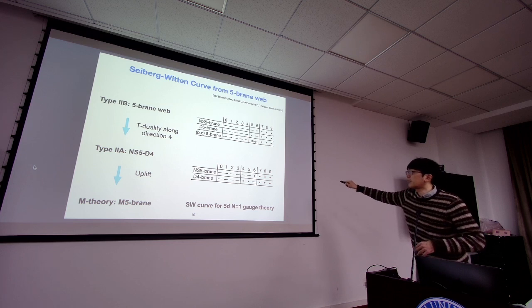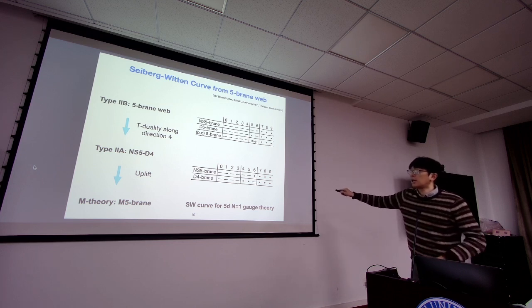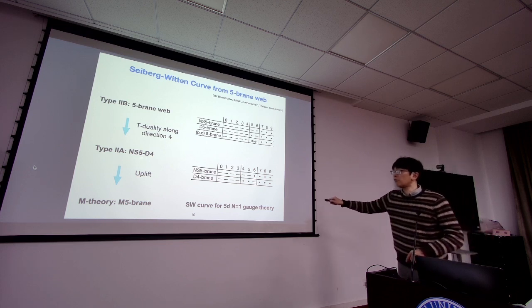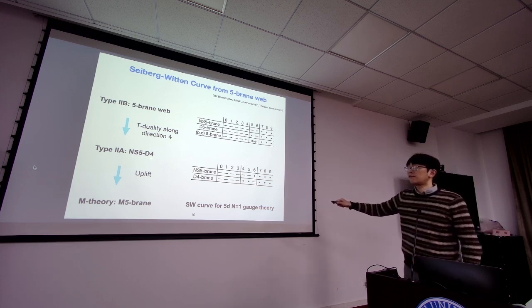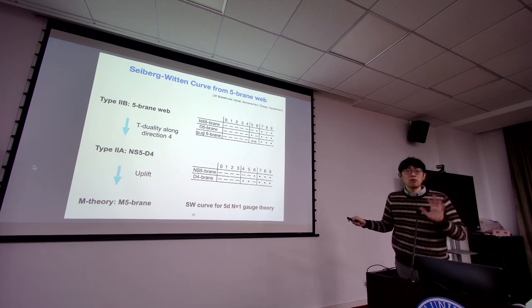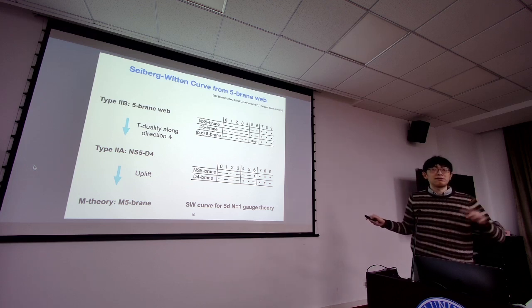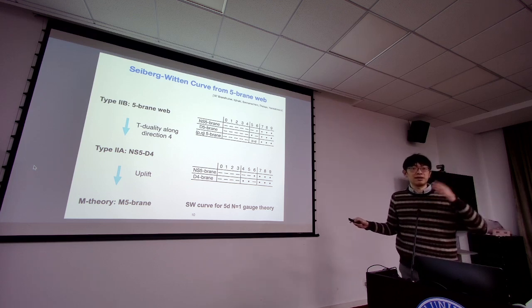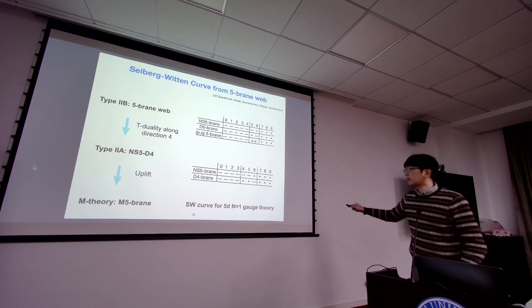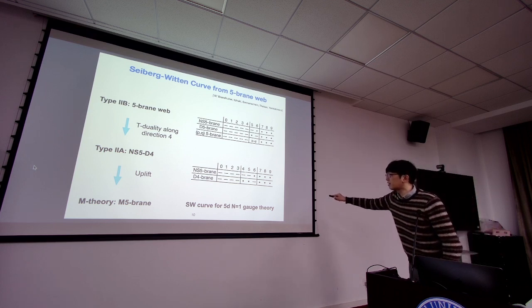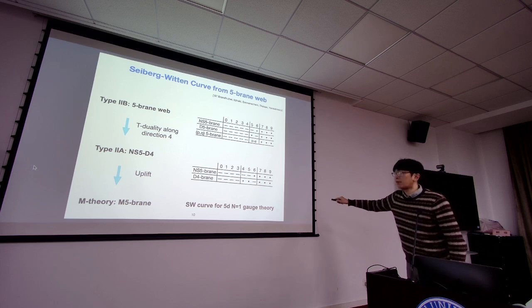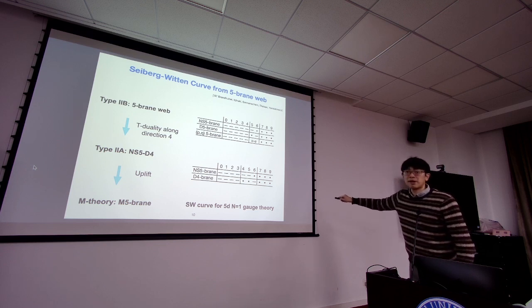This is S1. If this is S1, we can take T-duality along direction 4, and we obtain the NS5-D4 setup, which is almost the same as what we studied for 4D, but the only difference is that this fourth direction is now compactified, periodic.